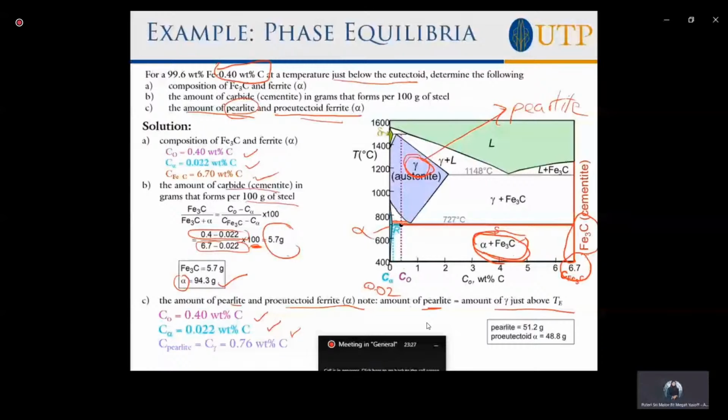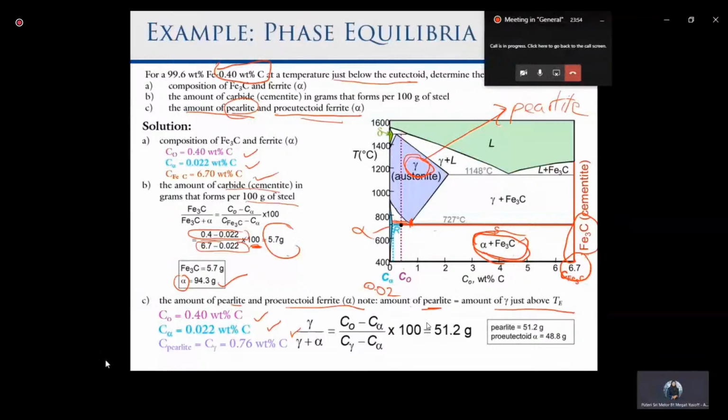Alright, so how do you find the amount? There you go. Let me move this. If you want gamma, gamma is on the right, so you take the opposite side: 0.4 minus 0.022, over the total length.